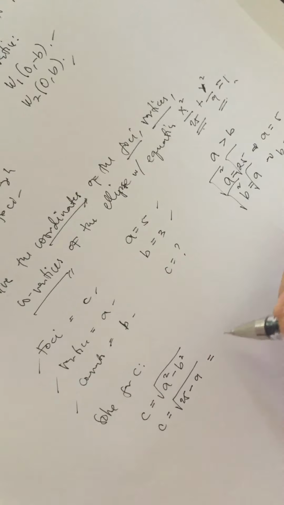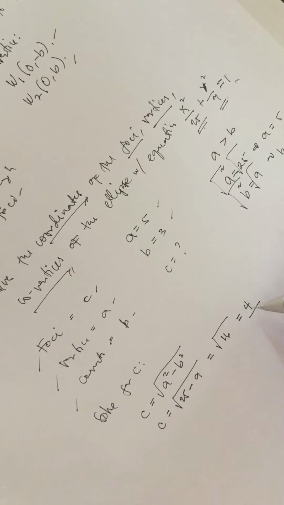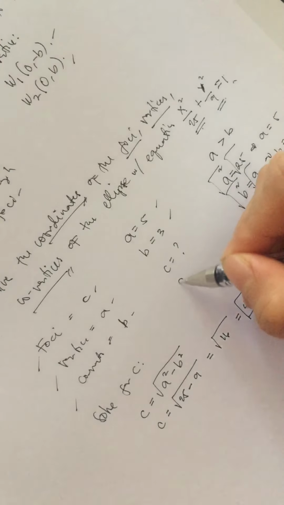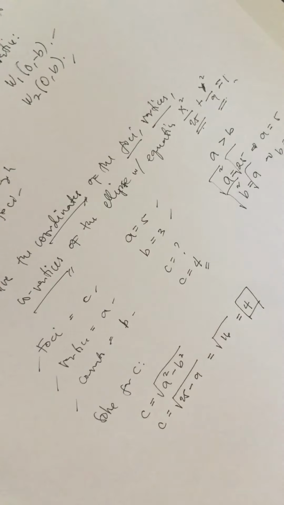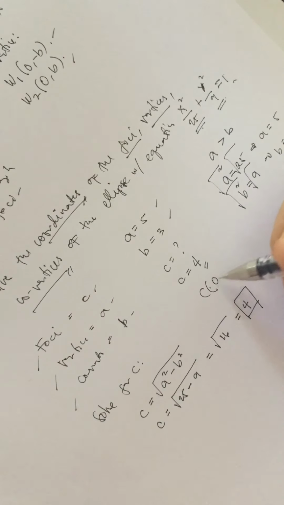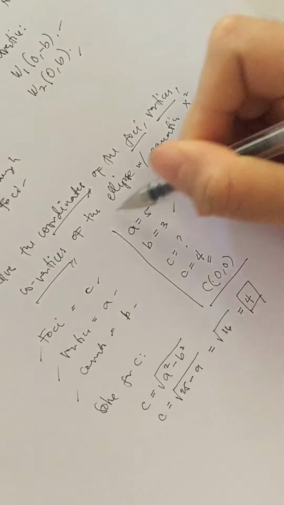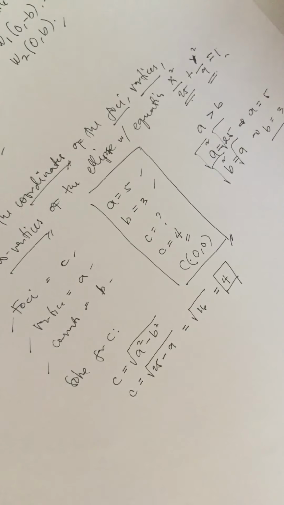What is the answer here? Square root of 16, which is equal to 4. So, C is equal to 4. We now have A, we now have B, we now have C. So, since it is x squared and y squared, our center here would be 0, 0. So, these are the values we need.